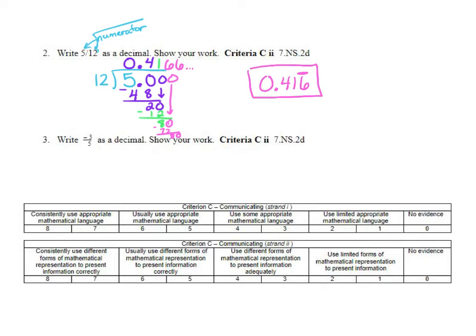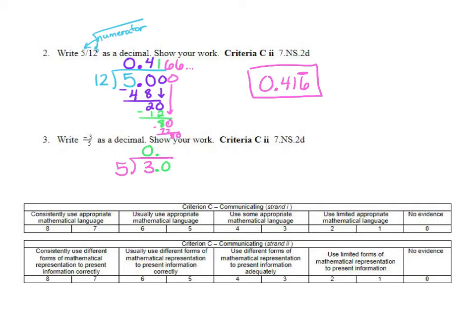The next one is negative 3/5 as a decimal. So the negative 3 would go underneath, but I'm going to get rid of the negative for now. And then the 5 goes on the outside. So then I say, how many times does 5 go into 3? 0 times. I'm going to go ahead and put my decimal there and put a 0. Then I say, how many times does 5 go into 30?